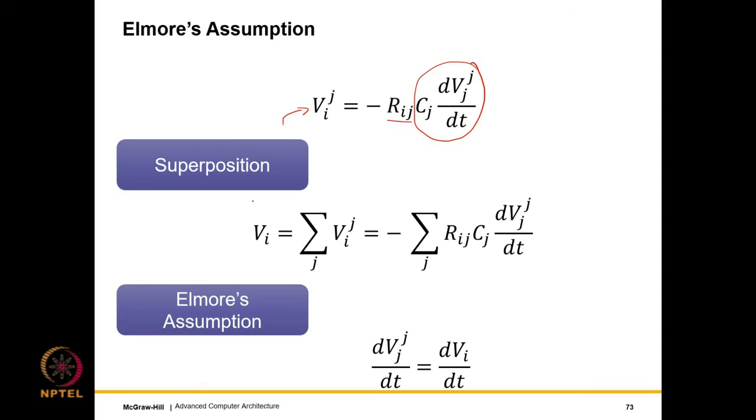Since we have superposition in a linear circuit, we say Vi is equal to the sum of Vij's. Why? Because it is essentially the sum of the effects of each of the current sources, right? So when I add that, I come up with this formula, which is essentially a generalization of this: minus summation of Rij Cj dVj/dt.